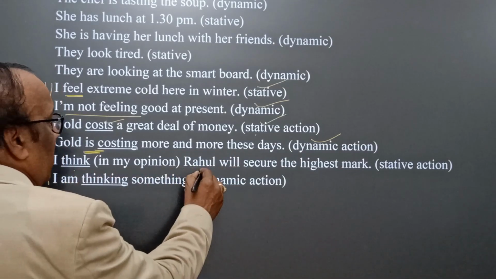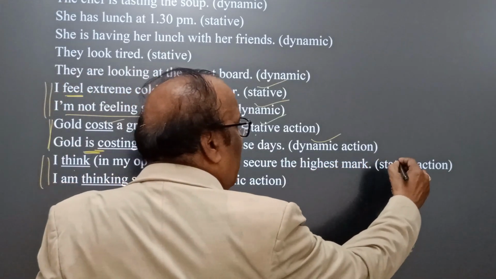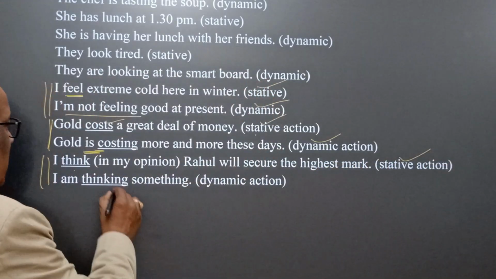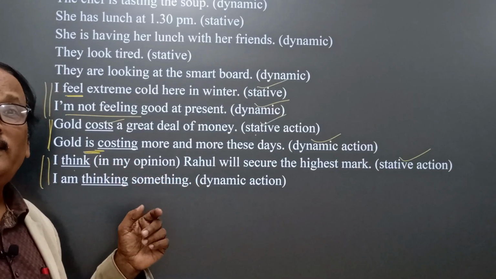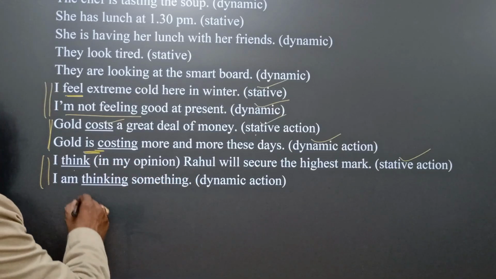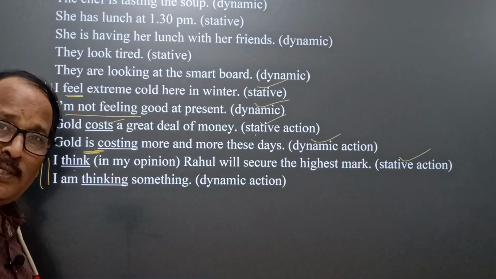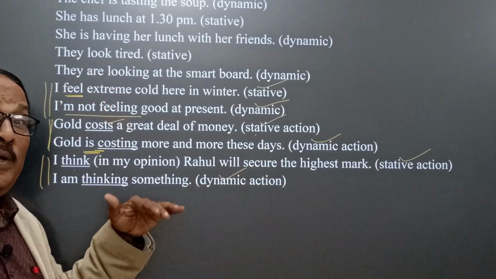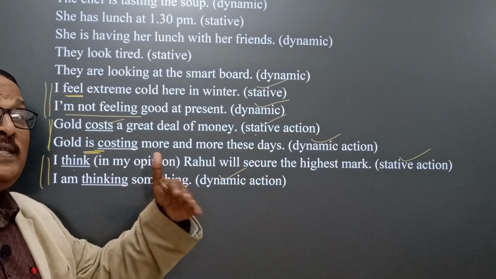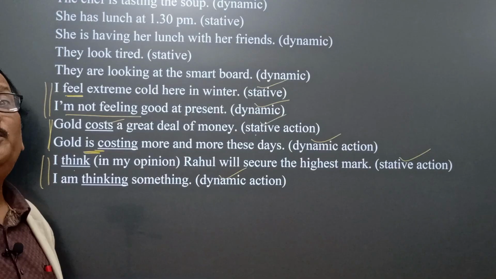I think Rahul will secure the highest mark. This is stative action. Here, think indicates, in my opinion, the think is a stative verb, and therefore it has been used in simple present. But here, I am thinking something dynamic. It means the speaker is thinking at the time of speaking.